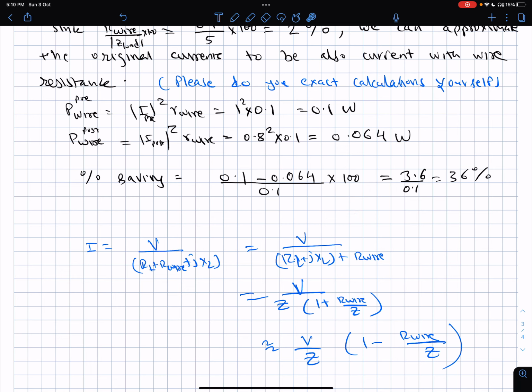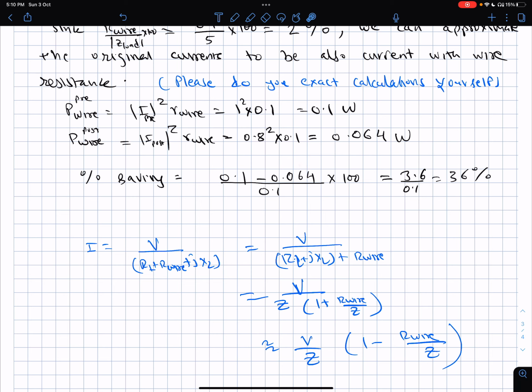Because when the wire is there, the original current will be slightly less than 1 ampere, and this number will also be slightly less than the 0.1 value. So the actual gain will not be exactly this difference, and the new current also will be slightly less than 0.8 ampere.